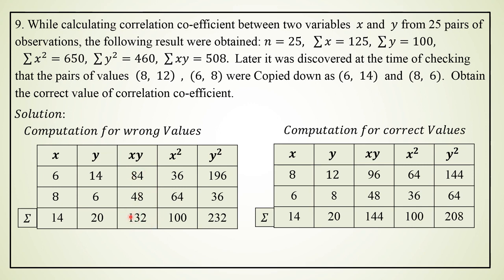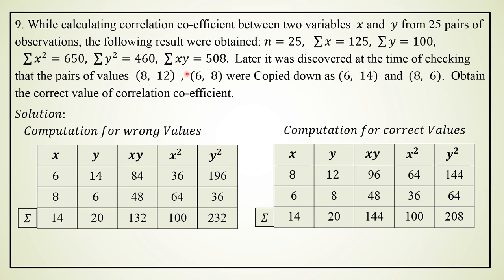Now observe the summation of xy value. The summation of xy value for the wrong data points is 132. For the correct data points it is 144. So what I am going to do is subtract 132 from 508 and add the correct value 144. Hence there will be a change in the summation xy value.